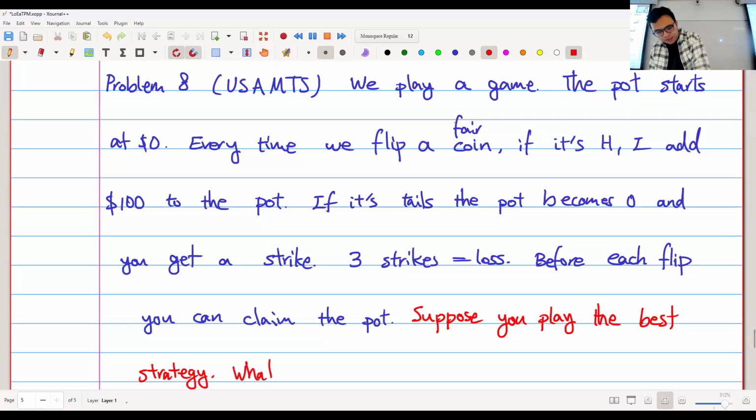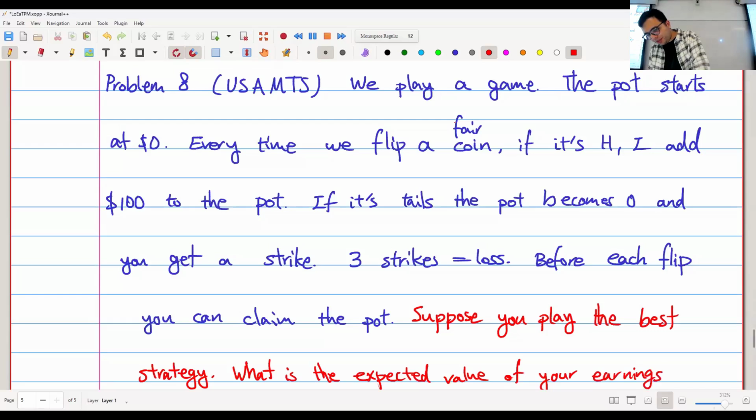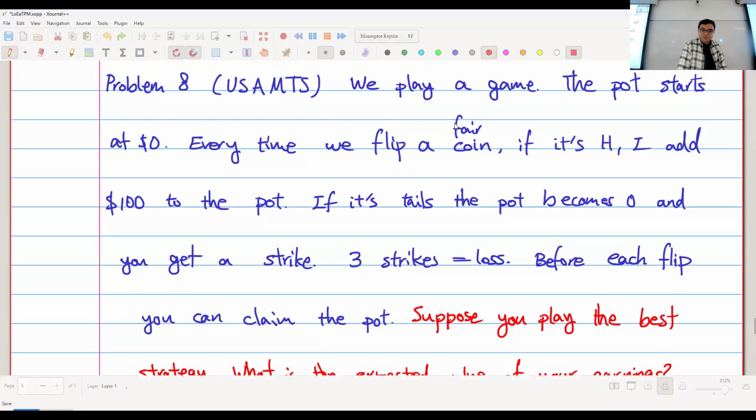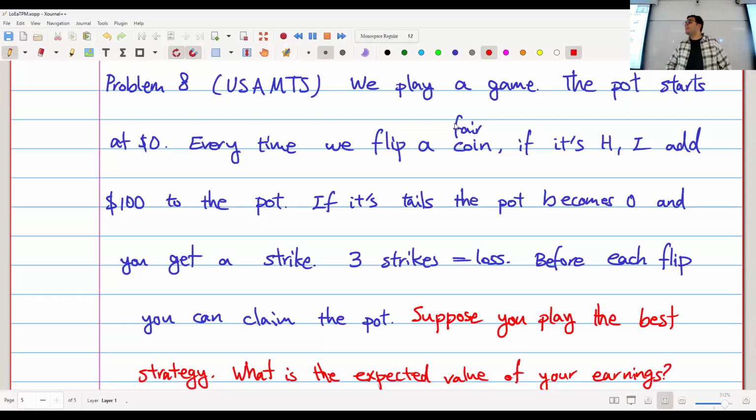What is the expected value of your earnings? How much do you expect to earn from this game if you play optimally?